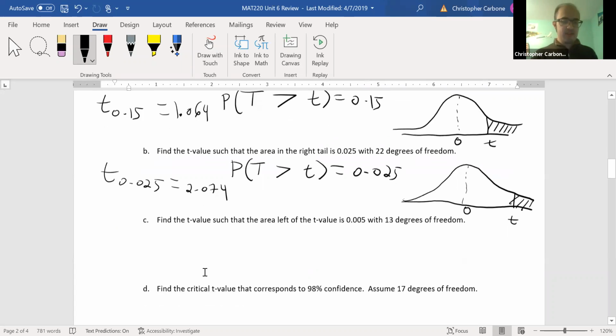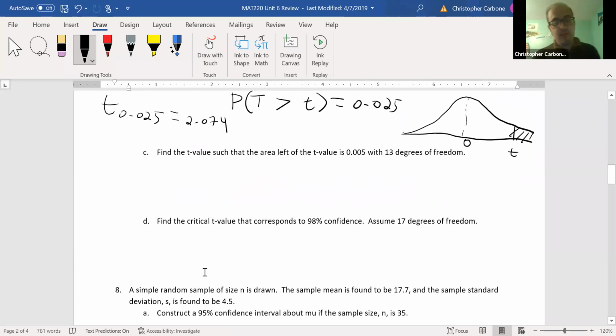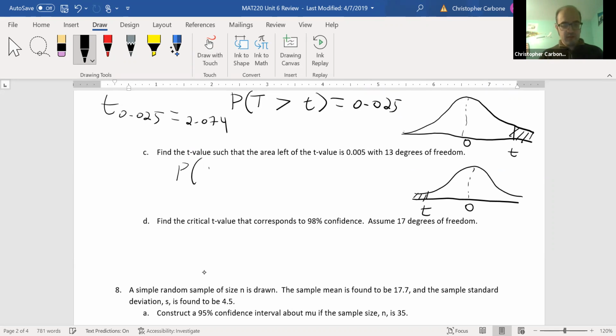For the t value, since the area on the left this time is 0.005 with 13 degrees of freedom, it means 0 is in the middle. This should be down here, with the area below it to the left being 0.005. Probability that we have a t-score less than some number is equal to 0.005.